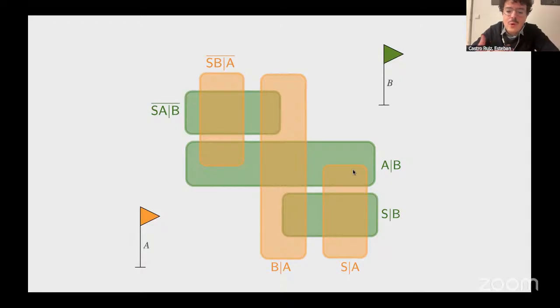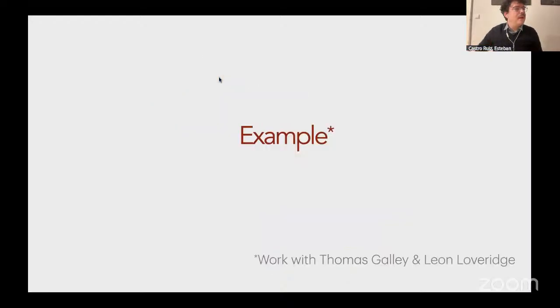So if you want to gather the full information about this subsystem from the perspective of Alice, it's not enough that you look at this subsystem and this subsystem. You also have to look at this subsystem, okay? Let me give you a more concrete example of this. This is recent work with Thomas Galli and Leon Loveridge.